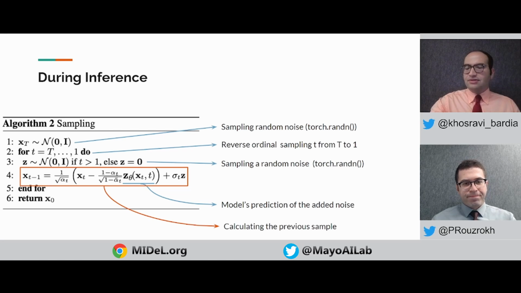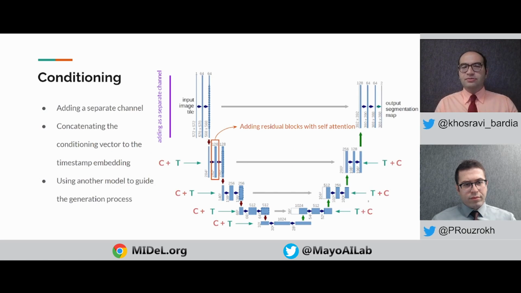Sure. And so you might be thinking, okay, we have GANs, we can condition them, etc. What can you do with the DDPMs? There are multiple ways you can condition a DDPM model. First, you can add a separate channel to your noise, to your initial image. And that will be something like doing super resolution, as Puriya will discuss.